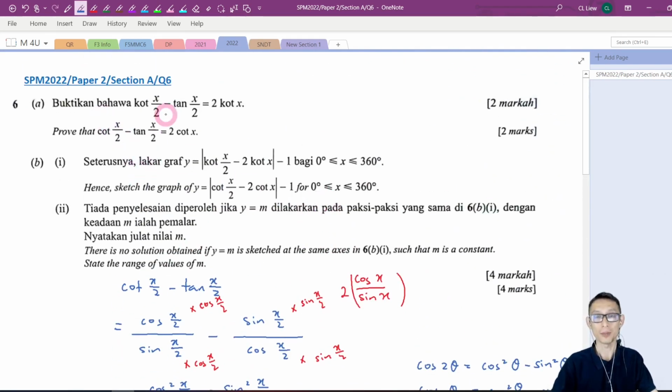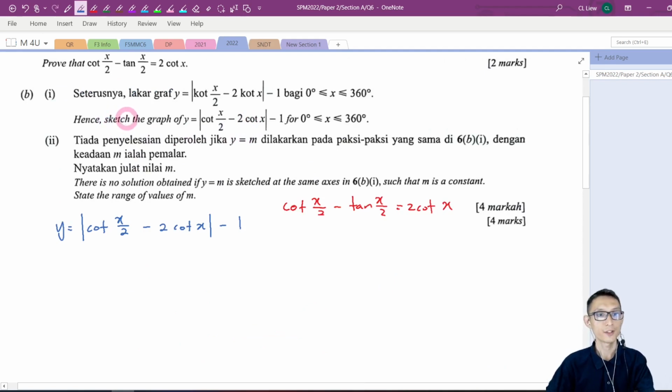Now let's go to part B. Hence, sketch a graph of this for x from 0 degree until 360 degree. Okay. Now you look at this one and this one, they're slightly different, right? So I'm going to try to use what we proved just now to move the term so that I get this.